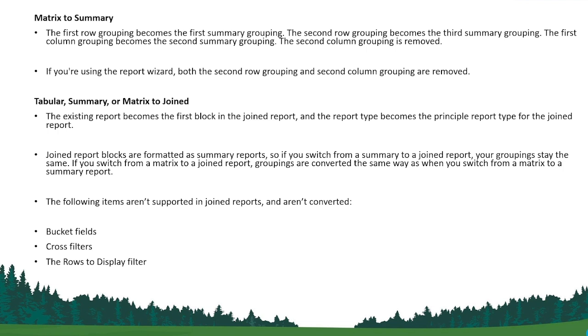A joint report can be formatted as summary reports, or you can switch from summary to a joint report. Your grouping won't get changed, your grouping will be the same, but if you switch from a matrix to a joint report, the groupings are changed. They are converted in a different way. So when you switch from a matrix to a summary report, then also your grouping changes.